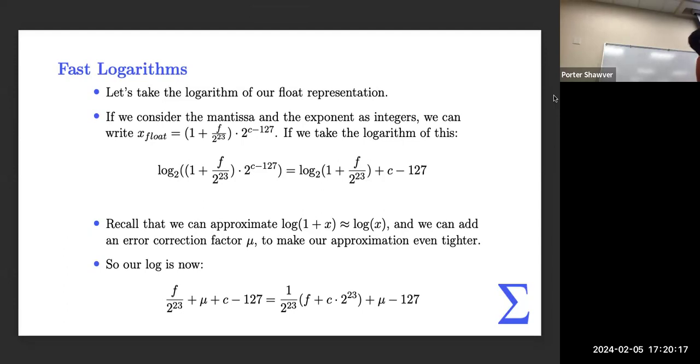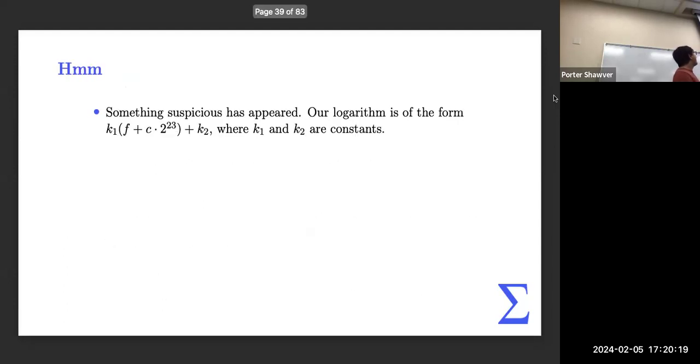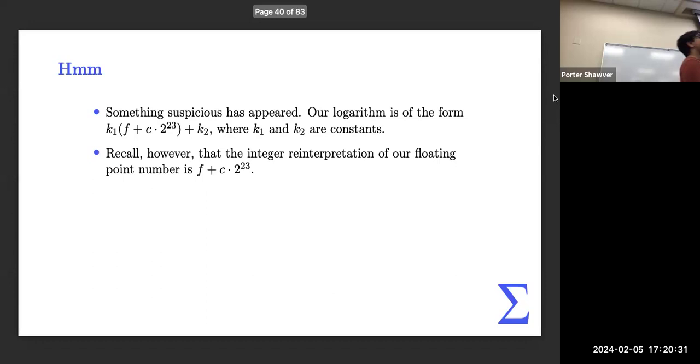Does anybody notice something about this? There's something really suspicious about what we get. And that's that our logarithm is basically some constant times f plus c times 2 to the 23, plus some other constant. It's a linear transformation of that integer representation. So what does that let us do?